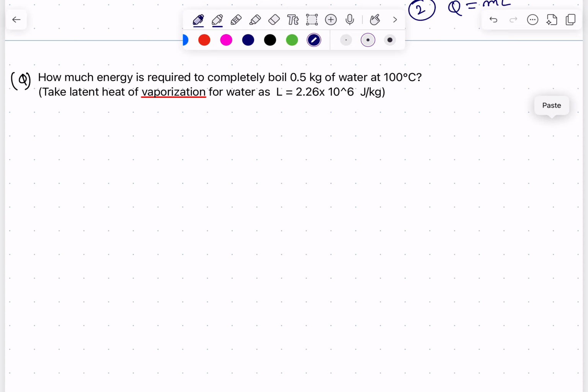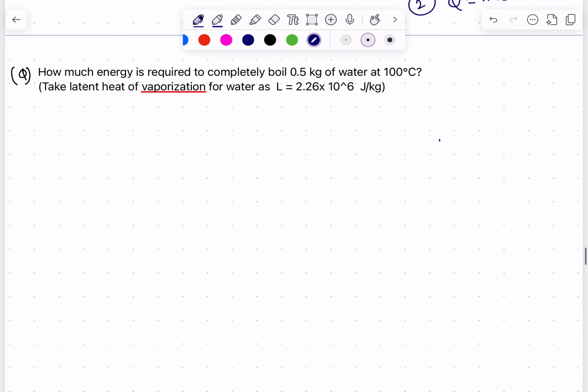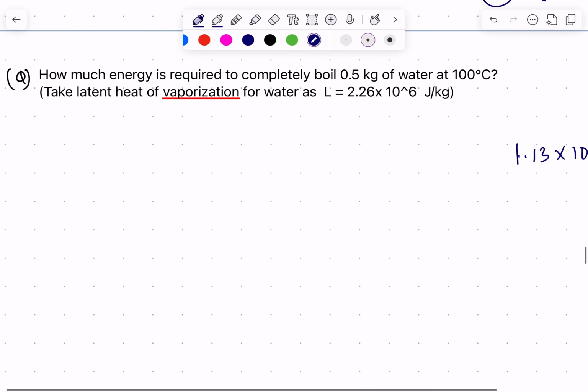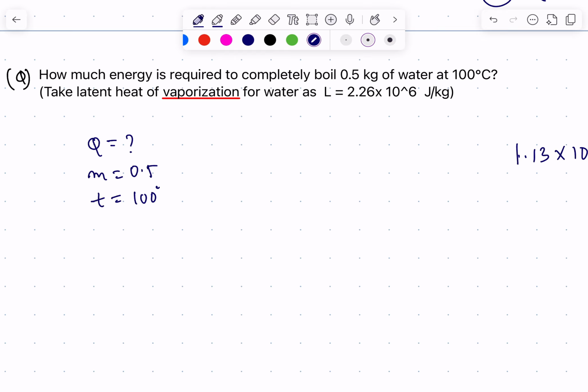So the question is, how much energy is required to completely boil 0.5 kg of water at 100 degrees Celsius? The answer is 1.13 into 10 raised to 6 joules. Okay, so they have asked you the energy, which means Q, and they gave you the mass as 0.5, and the temperature, 100 degrees Celsius, which means the boiling point.